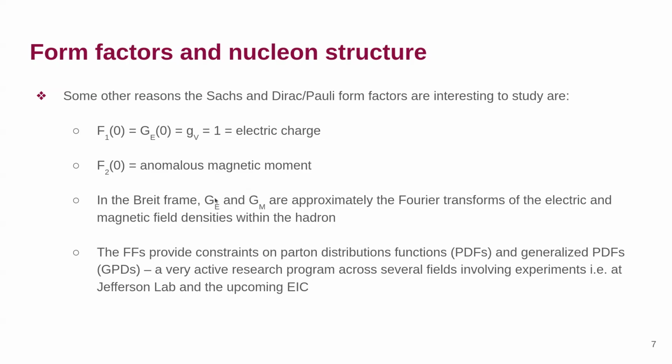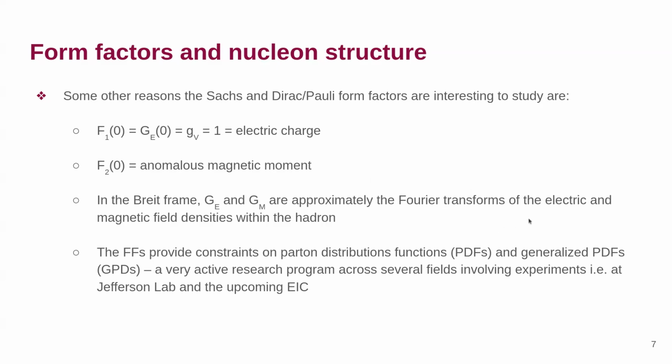And actually, if we just look at GE and GM, they can tell us a bit about the electric and magnetic field densities within the hadron. They end up being something close to the Fourier transforms of these densities. Another thing that's of interest for many people in the community is that there's a lot of people studying these higher level structure functions known as parton distribution functions and generalized parton distribution functions, PDFs and GPDs.